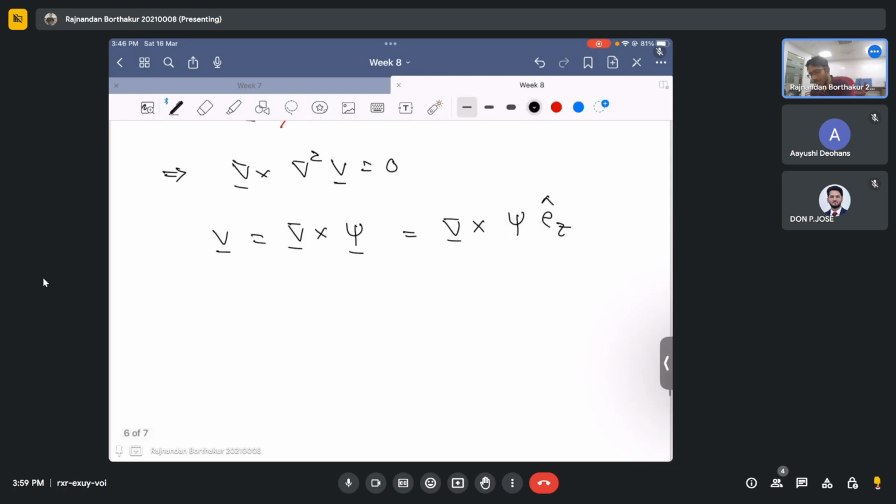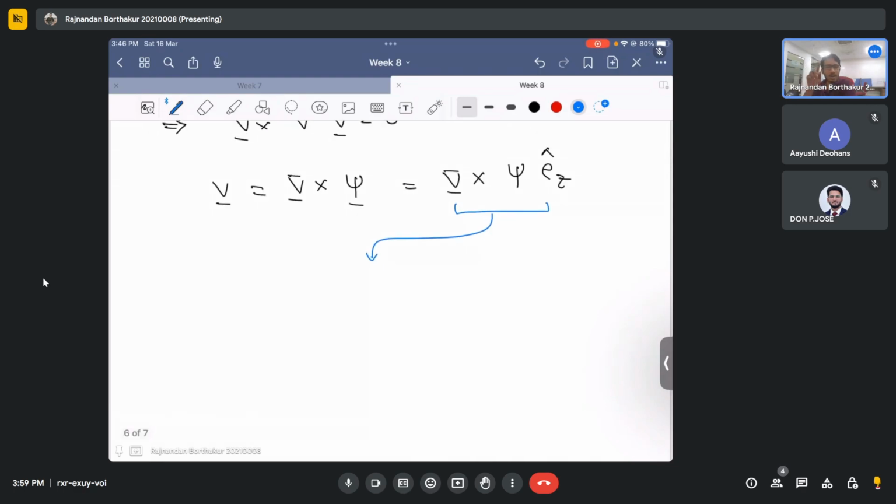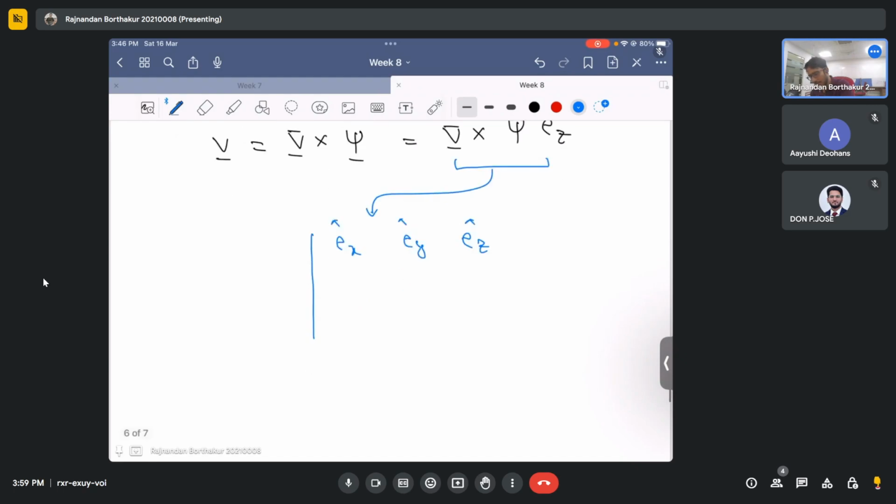So let's evaluate this quantity and see what we get. If I evaluate the curl of psi, you know the standard procedure of evaluating curl. So it is ex, ey, ez times the curl, which would give us del del x, del del y, and del del z, and psi has a component in the z direction.